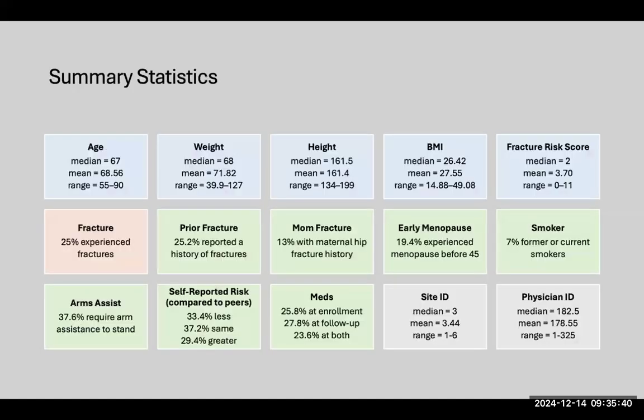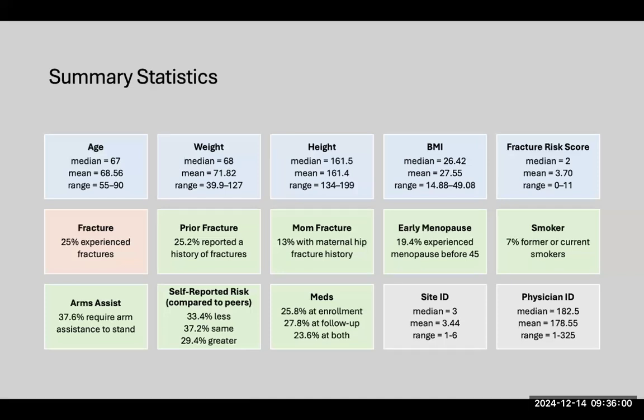First, let me take you through the exploratory data analysis. So here are the summary statistics. In blue, these are the numerical variables. You can see the age range of women in the study: they're postmenopausal women from 55 to 90 years old. In orange is the fracture.